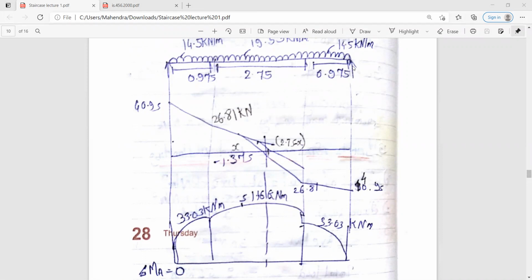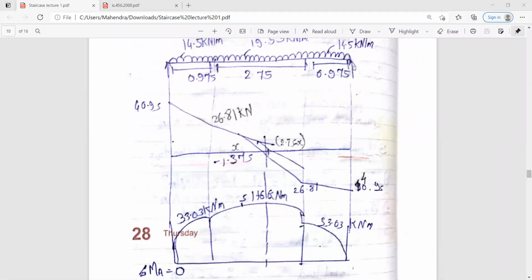Now see, the bending moment at this point, that is at point B, the bending moment at this point will be 0. So here the bending moment will be 0. And at this point, what will the bending moment be?